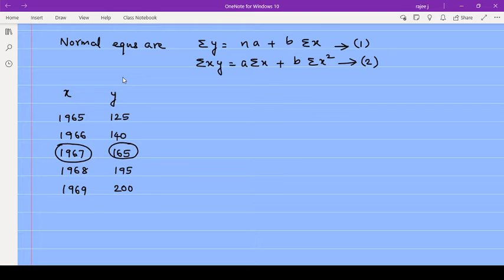Then the columns you have to make: capital X is equal to x minus 1967, and capital Y is equal to y minus 165. Then all these equations are going to change. So now here it will be capital XY, capital X, and capital X square and so on.